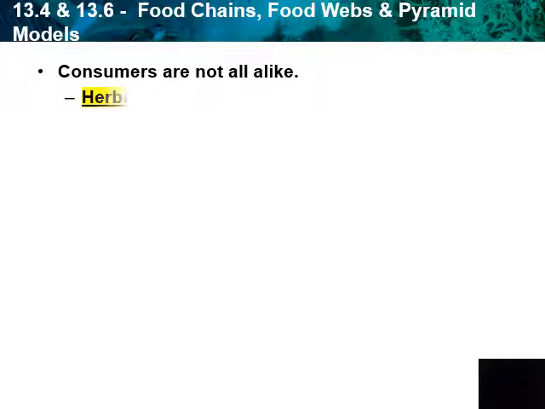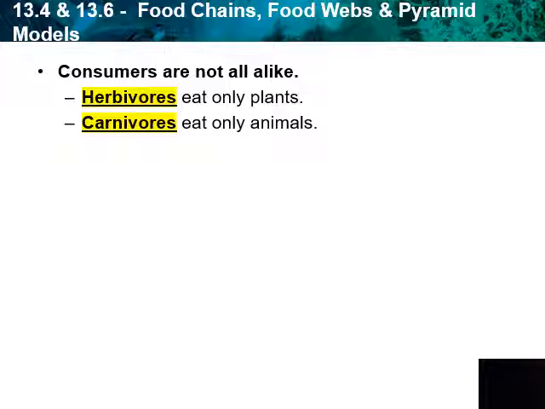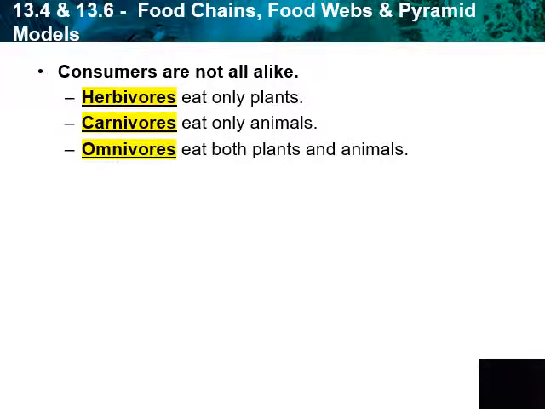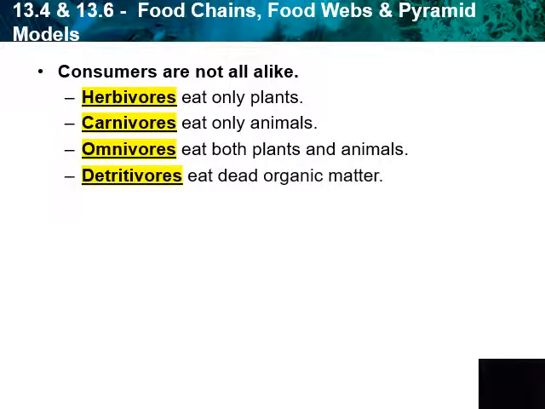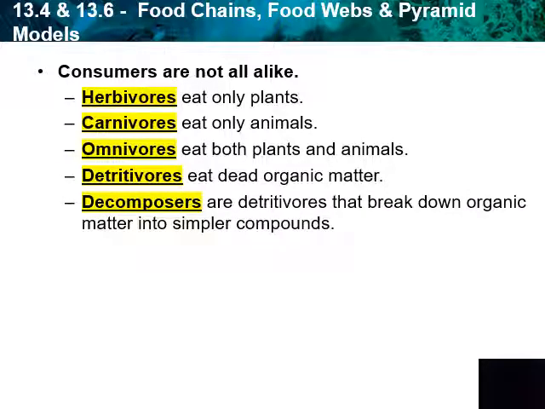Now, all consumers are not alike. We have different levels of consumers. We've got herbivores, which eat only plants, and carnivores, which eat only animals. And then we have something called an omnivore. Omni means everything. It eats both plants and animals. Then we have detritivores, which eat dead organic matter.